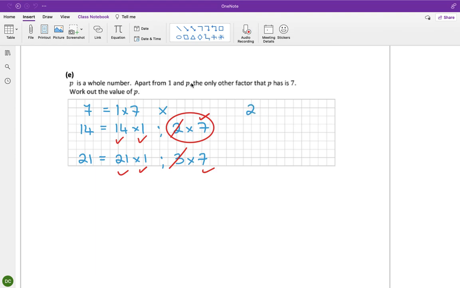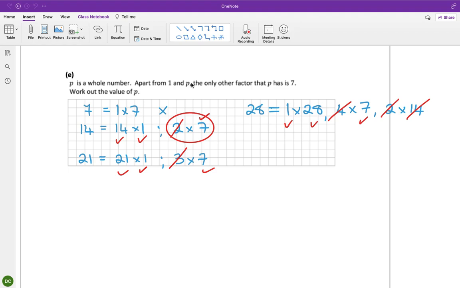So 28 is 1 by 28 and 4 by 7, and there's more there, 2 by 14. There's loads for that one. So it's got the 1, it's got the 28, it's got the 7, but these are all extra that we don't want. We literally want 1, the number itself, and 7.